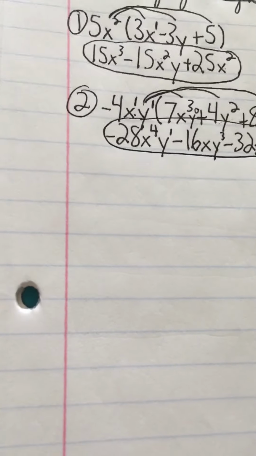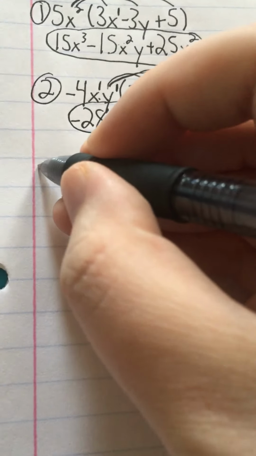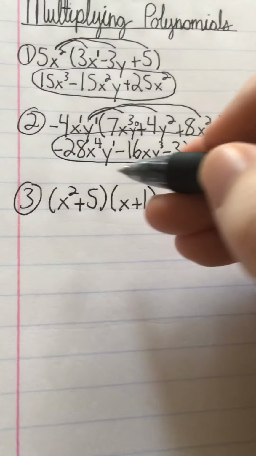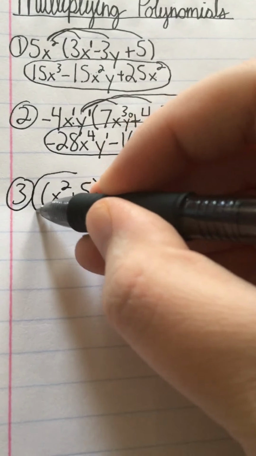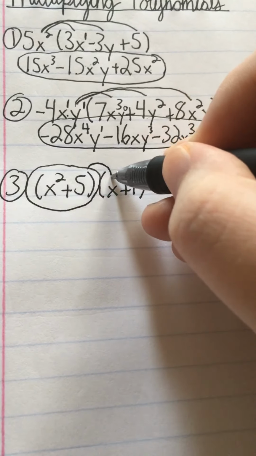All right. For our third one, we have x squared plus 5 times x plus 1. So what we're doing here is we're basically going to be distributing this whole x squared plus 5 to each of these terms.